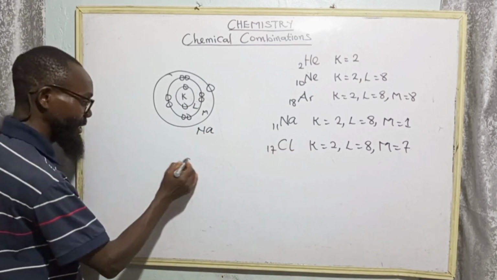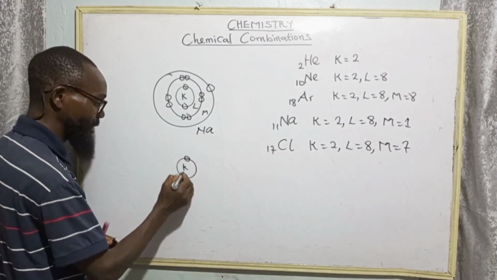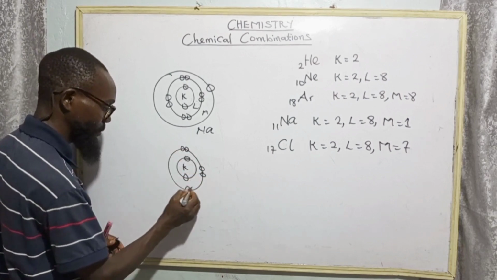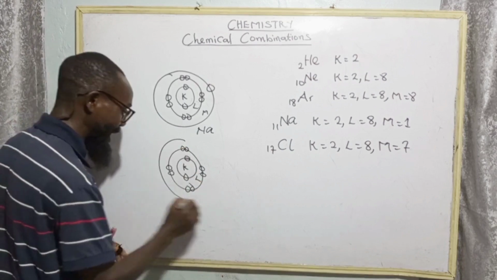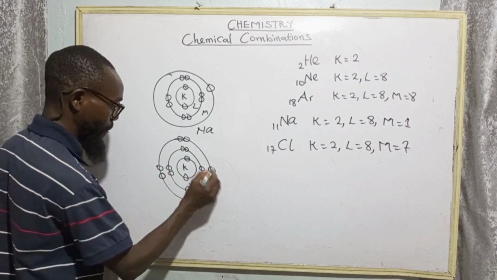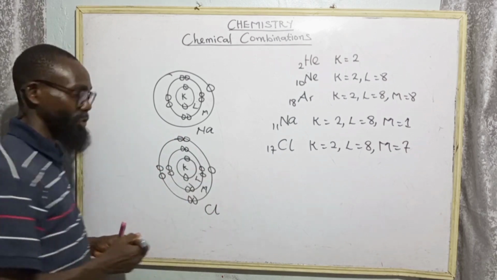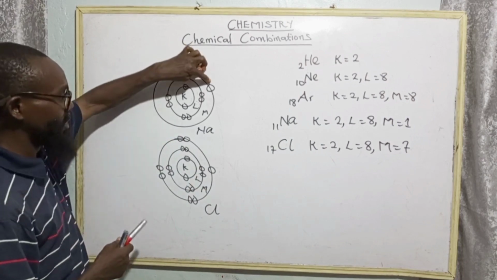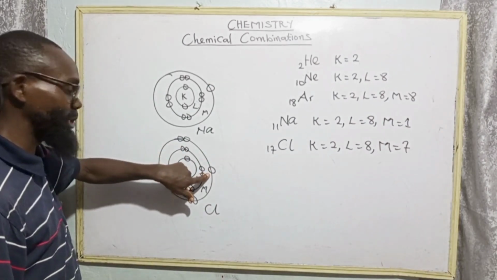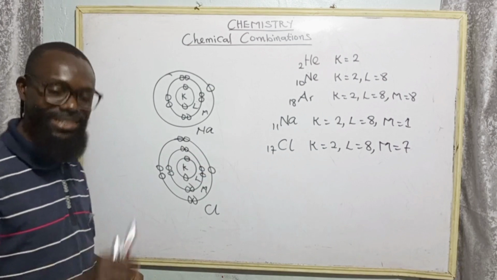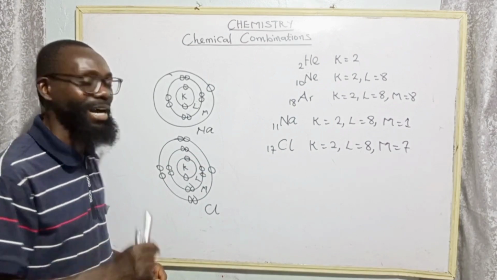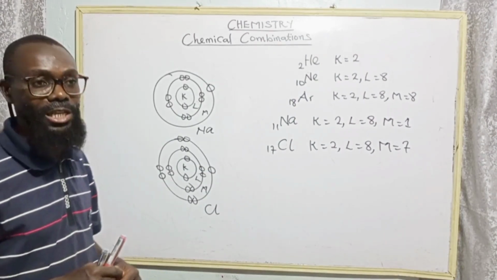Then for chlorine, the K shell has 2 electrons, the L shell has 8 electrons, while the M shell has 7 electrons. This 1 electron in the outermost shell of sodium, and these electrons in the outermost shell, are what we call valence electrons. And these valence electrons are the ones taking part in the chemical bonding.